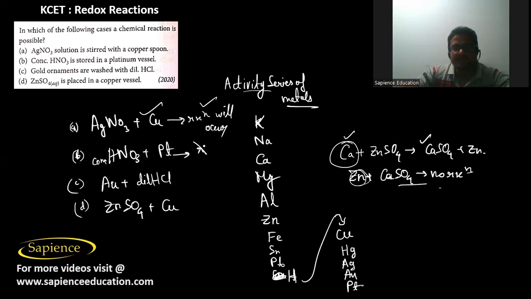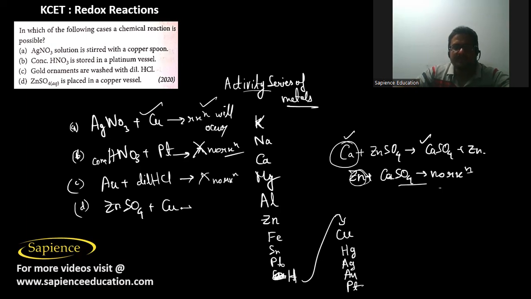So here no reaction will happen. And here also Au means gold. Gold is also placed lower than hydrogen. So gold is also less reactive than hydrogen. So it will also not be able to displace hydrogen from any dilute acid. So here also no reaction will happen.